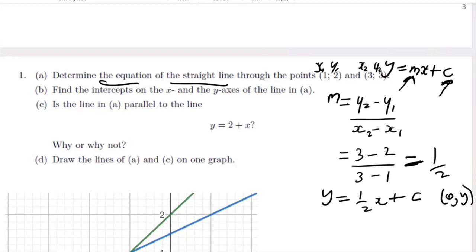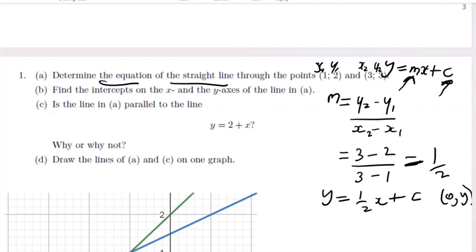If you do that, I am giving counter examples so you can see that if you follow this strategy, it may not work. If you let your x be equal to 0 in this formula, you are going into what we call a circular argument. You are going to have a value of y is equal to c. You understand?